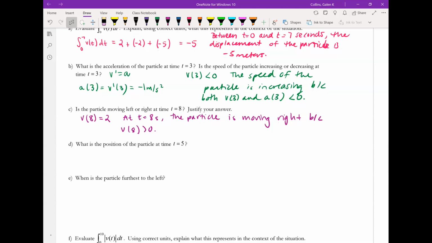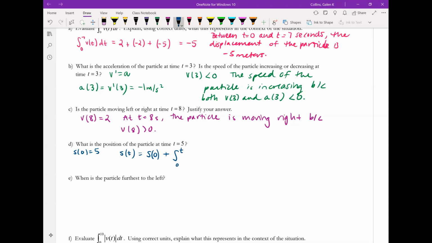So if I know that S of 0 is 5, I could write an accumulation function that's going to give me the position of the particle for any time t. And I'm going to need that for part E, so I might as well write it in part D. So for any time t, we have this initial known position. It doesn't have to be at t equals 0, but this one is. And from there, we could add the definite integral from 0 to t, where t will represent any time.